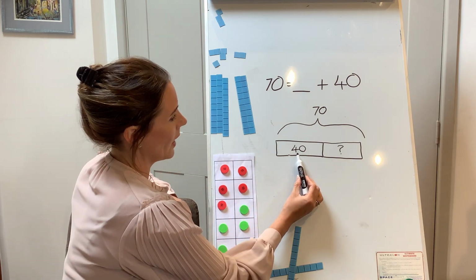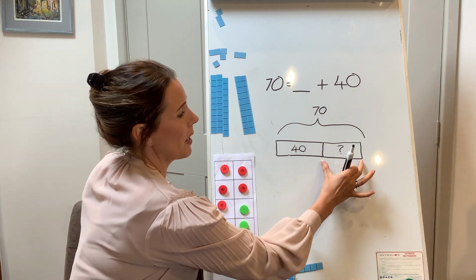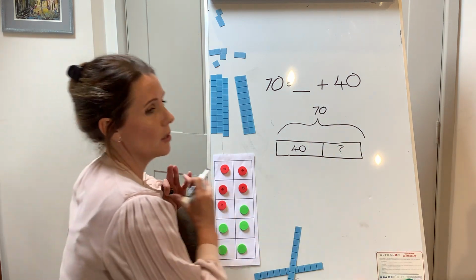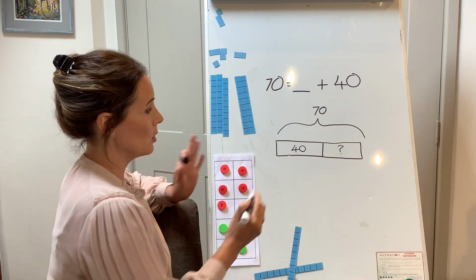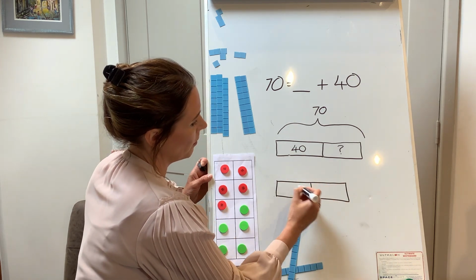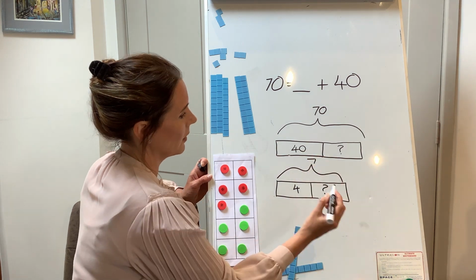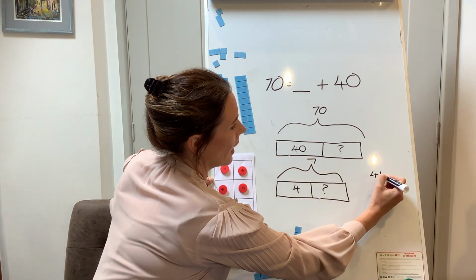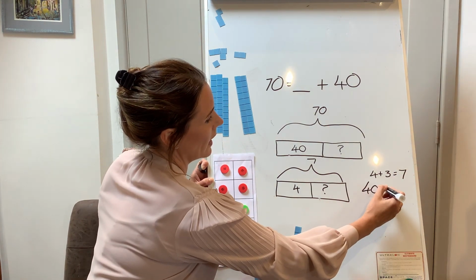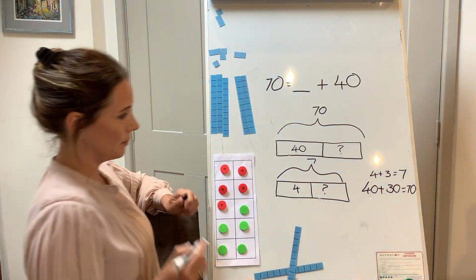So I can think, okay, I've got to get up to 70, so I can count on this bit. This is how much more I need to get to 70. So I could use a number line, or I could use my related facts. So 4 and something is equal to 7. I know that 4 and 3 is equal to 7, so 40 and 30 is equal to 70.